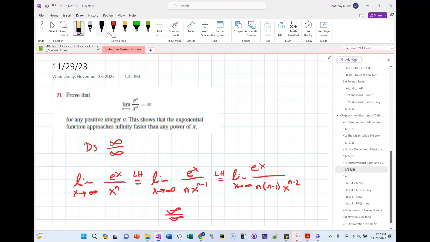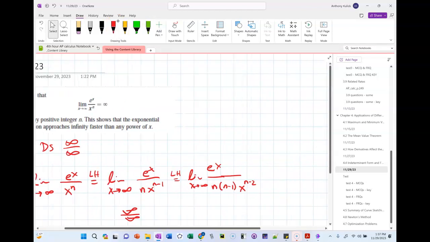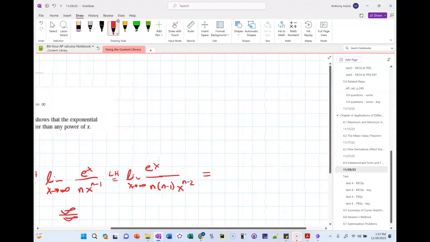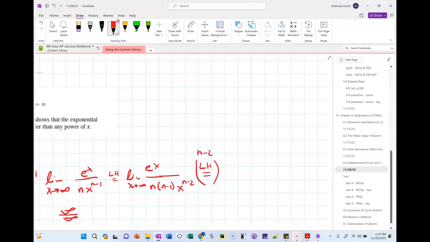I'm going to have to do a lot of L'Hopitals, because eventually I have to get this x out of there. How many more times do I have to do L'Hopital? n over 2 more times, right? I have to get the exponent on the x all the way down to 0.